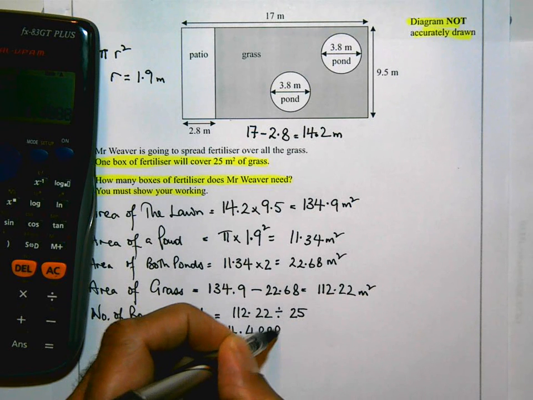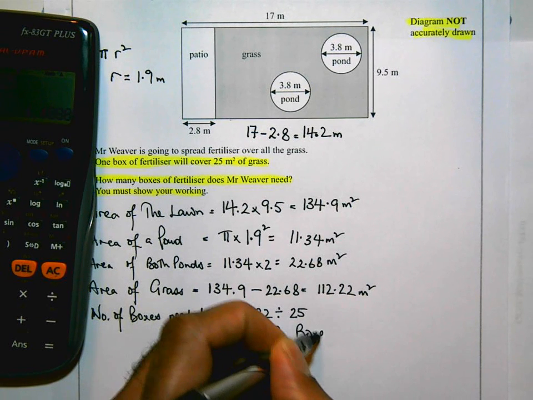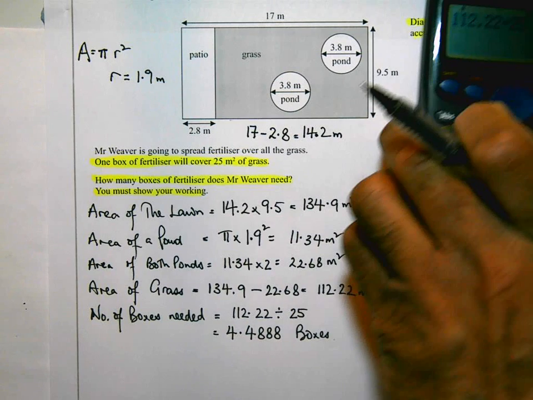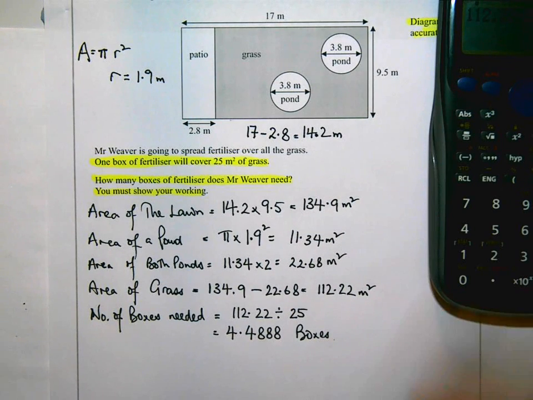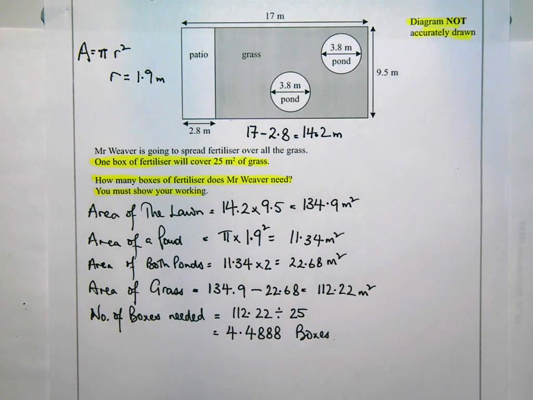However, he isn't going to be able to buy 4.48 boxes. He can only buy whole boxes.